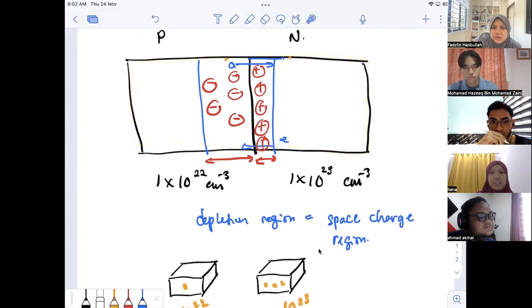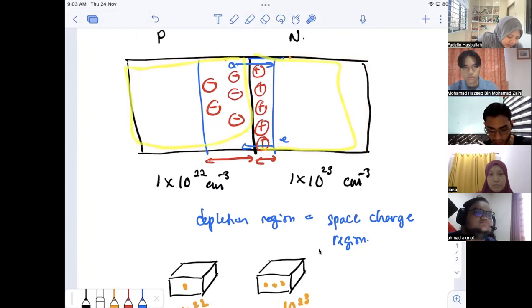Yes. It's normal. It depends. It's a good question. It depends on the design of the device. If we design it the same, then I design this roughly the same, P and N. So then it is the same.